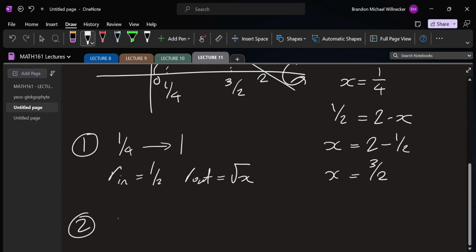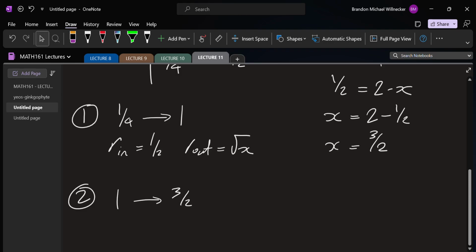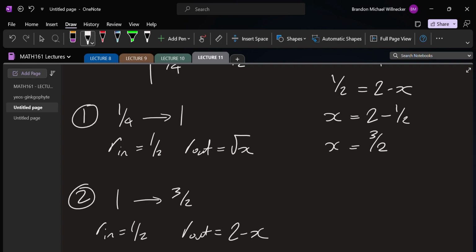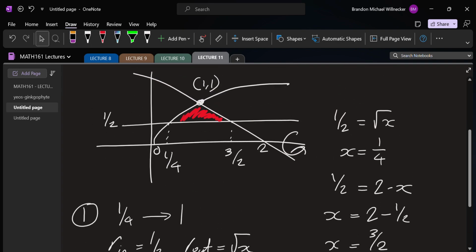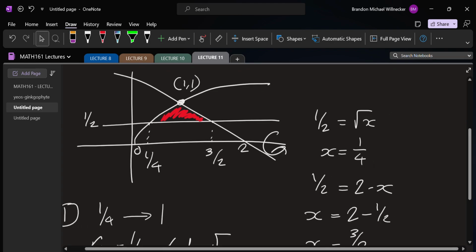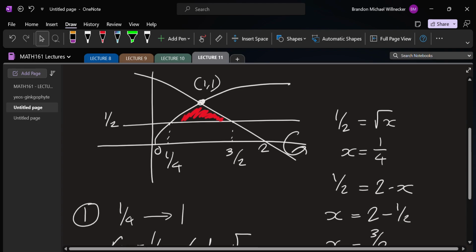For the second bit, we're now going from 1 to 3/2. And now the outer radius changes. R in will still be a half. That doesn't change. But R out will now be the 2 minus x, that line there. Okay. So we know what that's going to be.